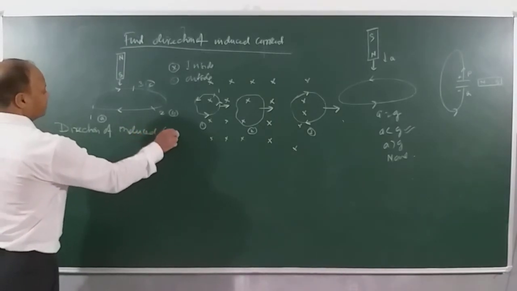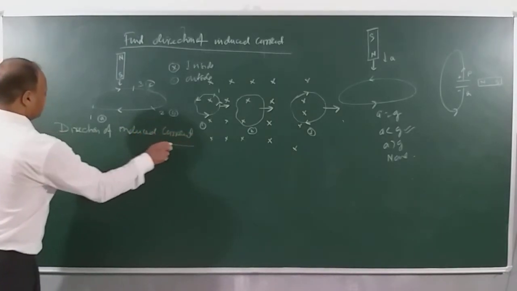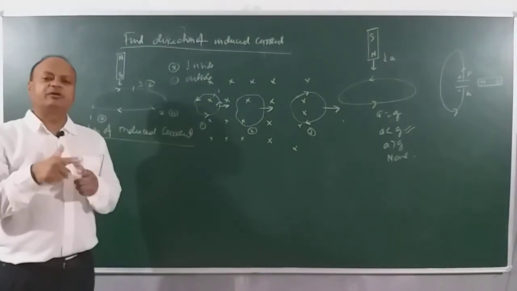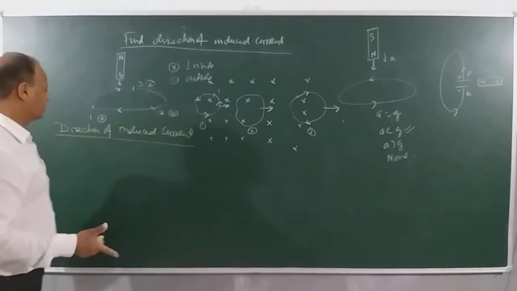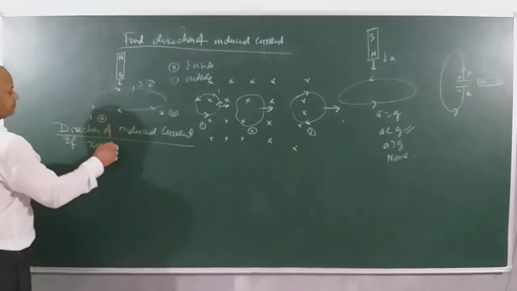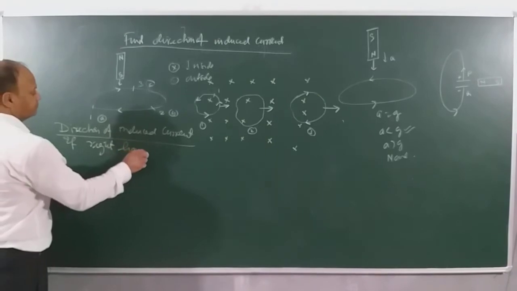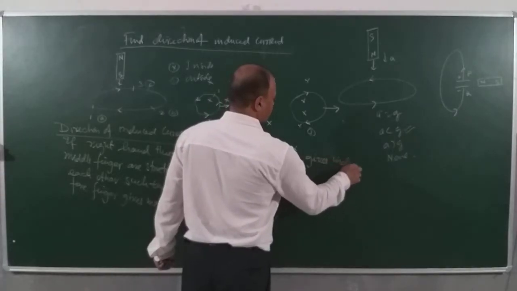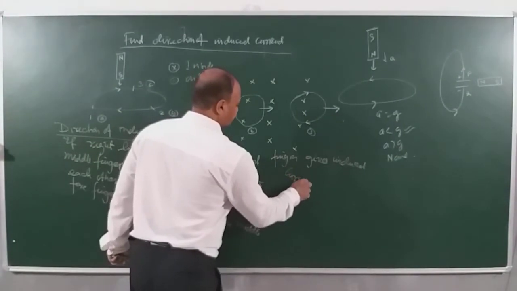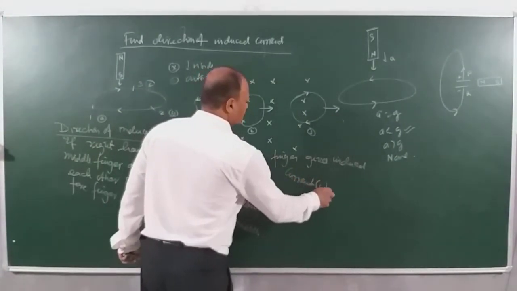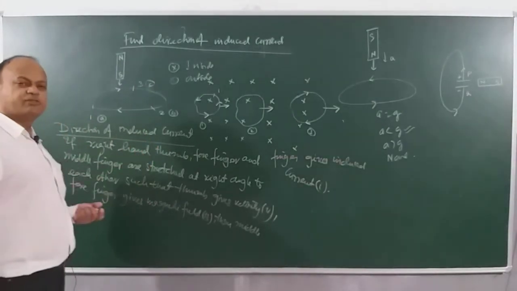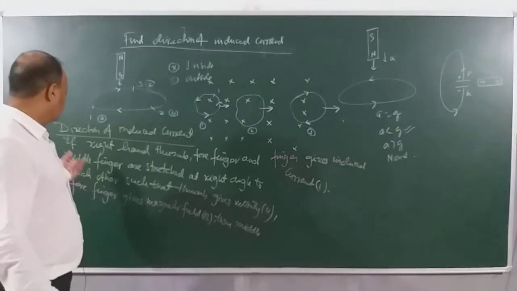Direction of induced current. Children, if you stretch the right hand thumb, forefinger and middle finger at right angle to each other, the middle finger is the induced current. So children, we have written here direction of induced current, which is basically Fleming's right hand rule.